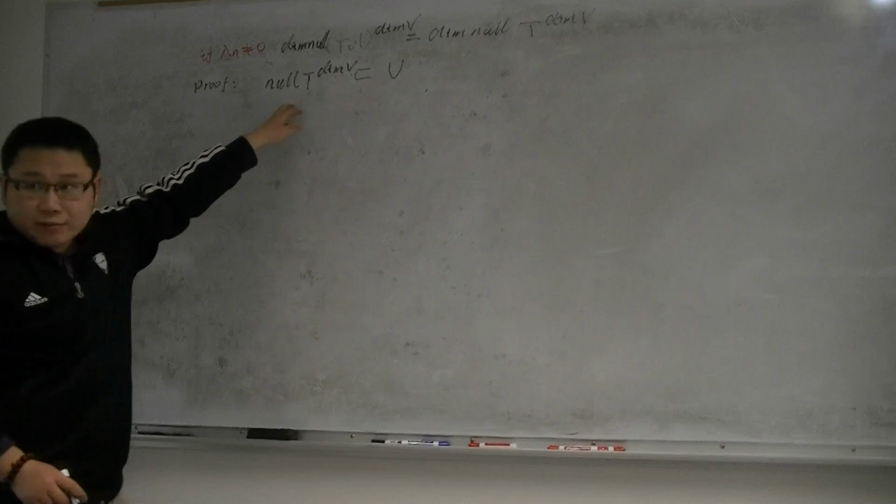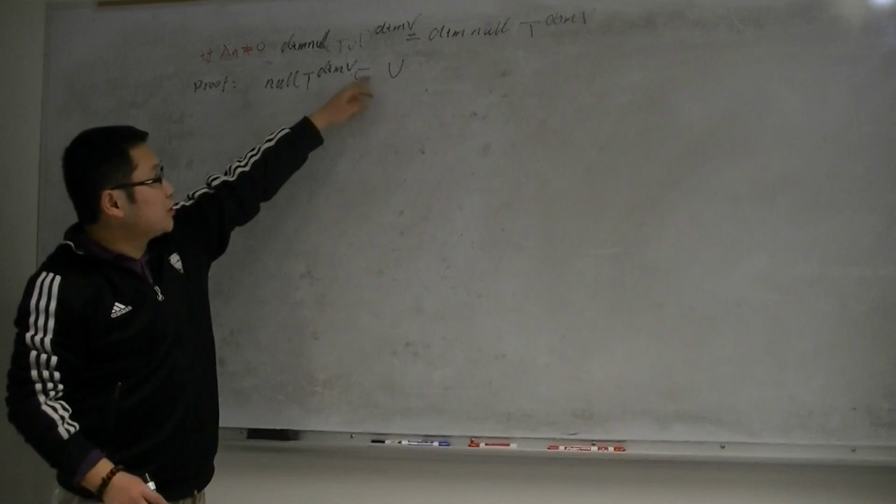If I can prove this one, that the null space of T, its dimension belongs to U, then they are equal.